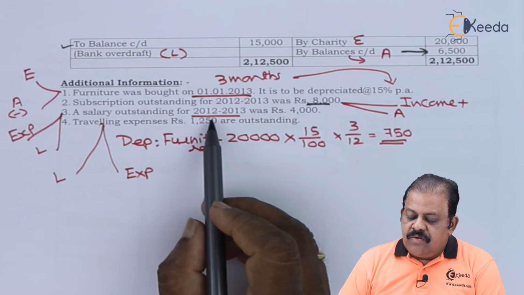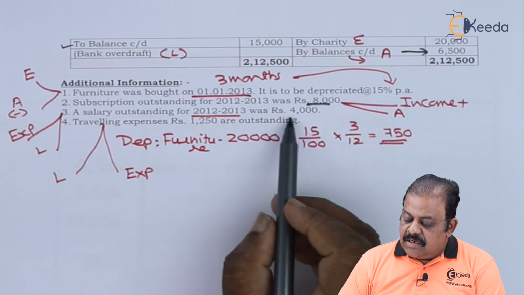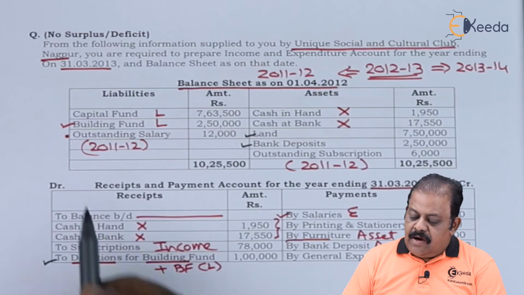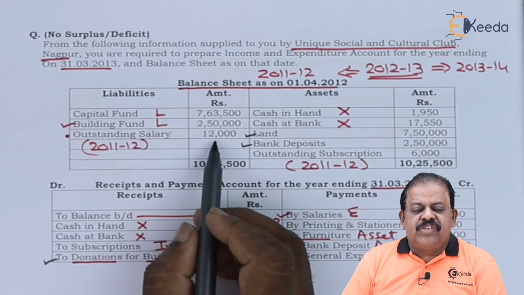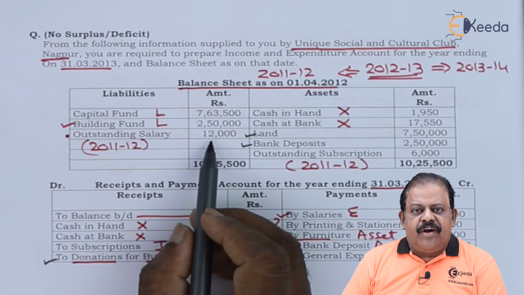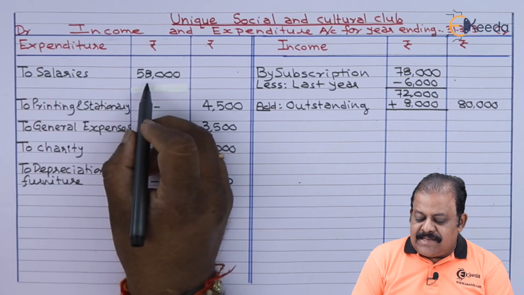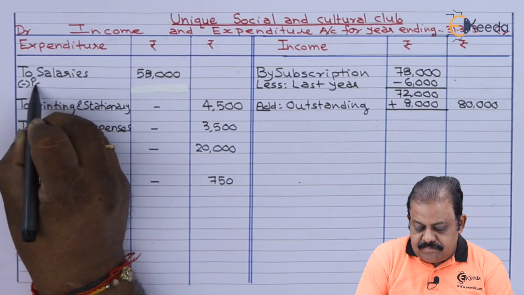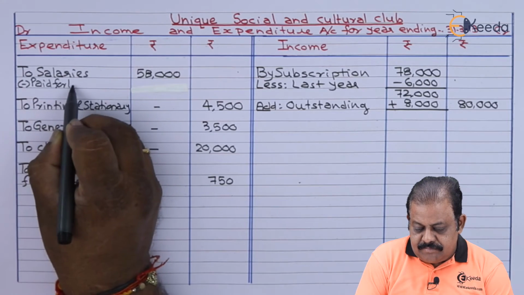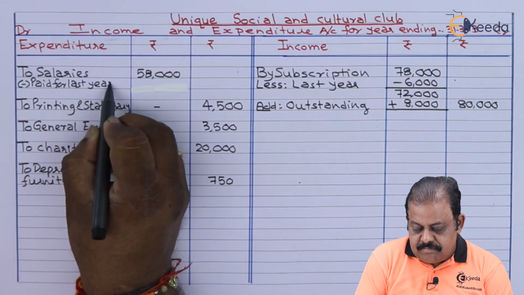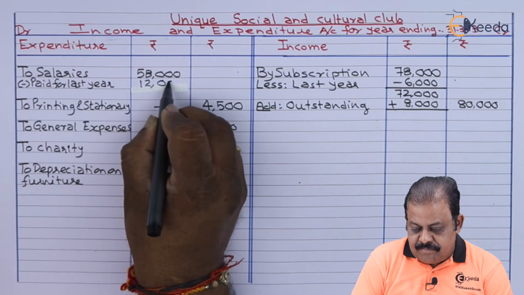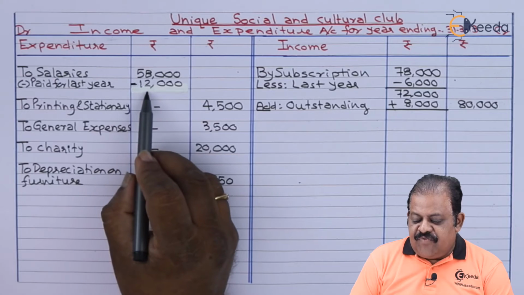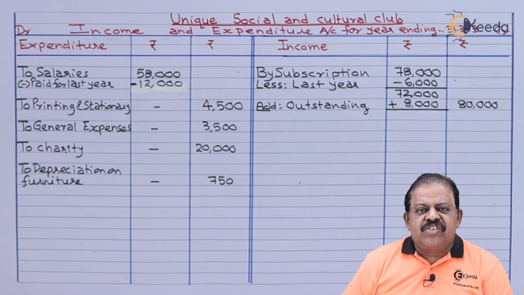Salary outstanding for the current year is rupees 4,000. Salary outstanding of the previous year is rupees 12,000. Now we are required to pay it during the current year. Total salaries paid 58,000, of which paid for last year is rupees 12,000.